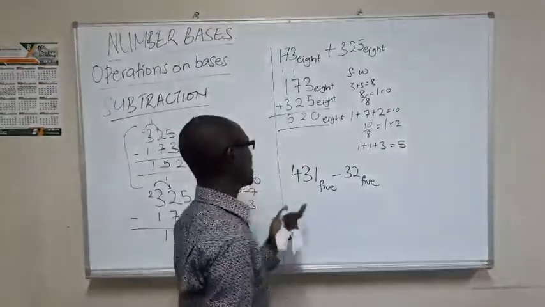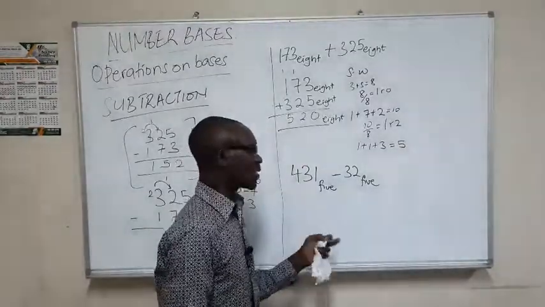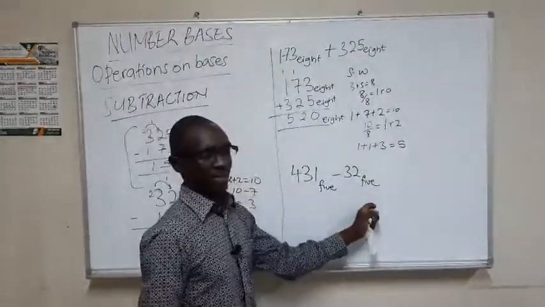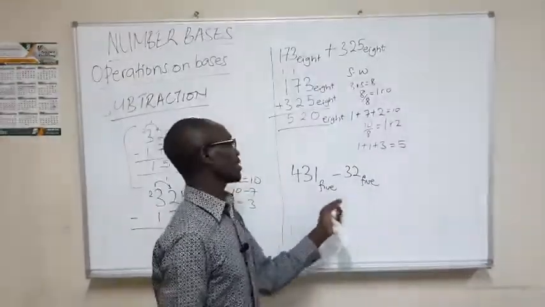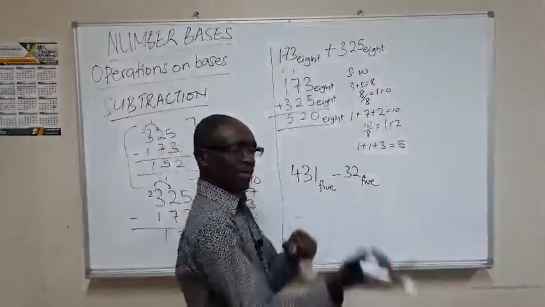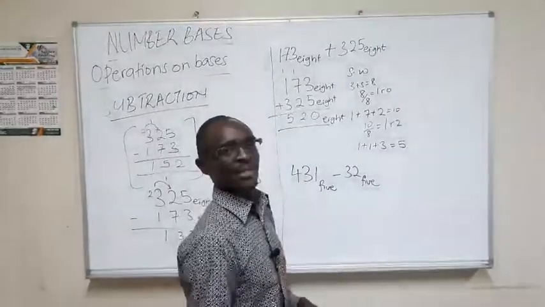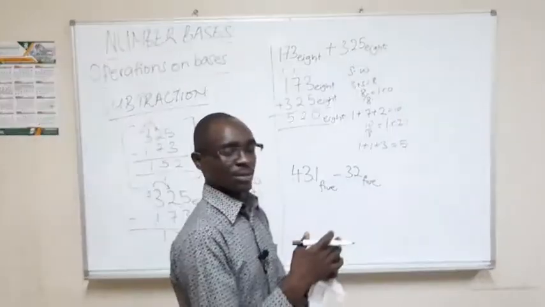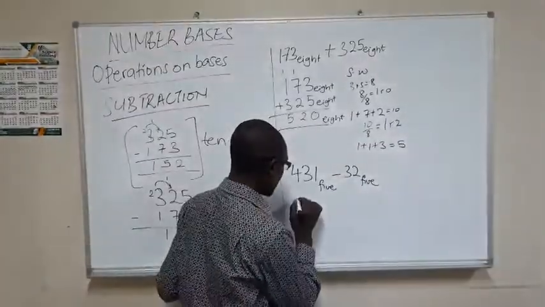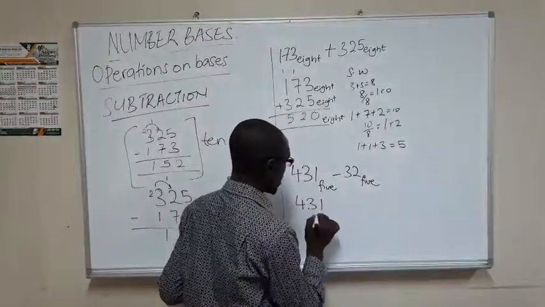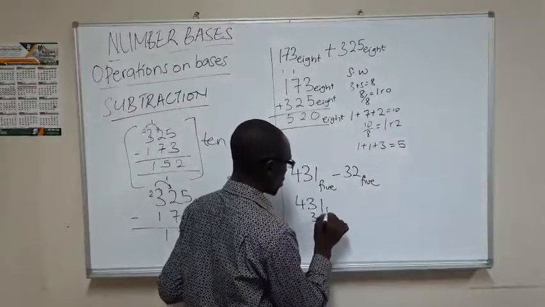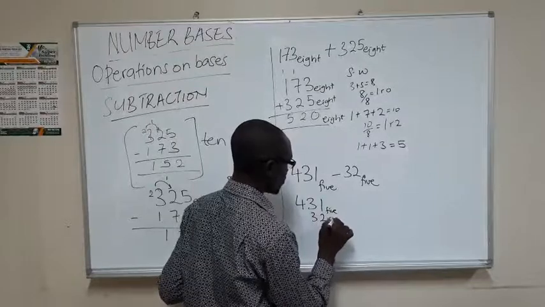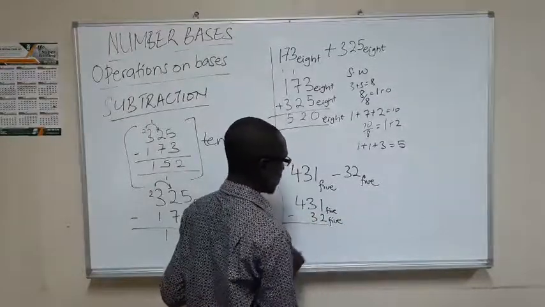You can see we are dealing with the same bases. You can't subtract mangoes from oranges. They have to be the same. In case we have different bases, first convert to the same base, depending on the question. Now if I record here 431 minus 32 under base 5, I'm subtracting.